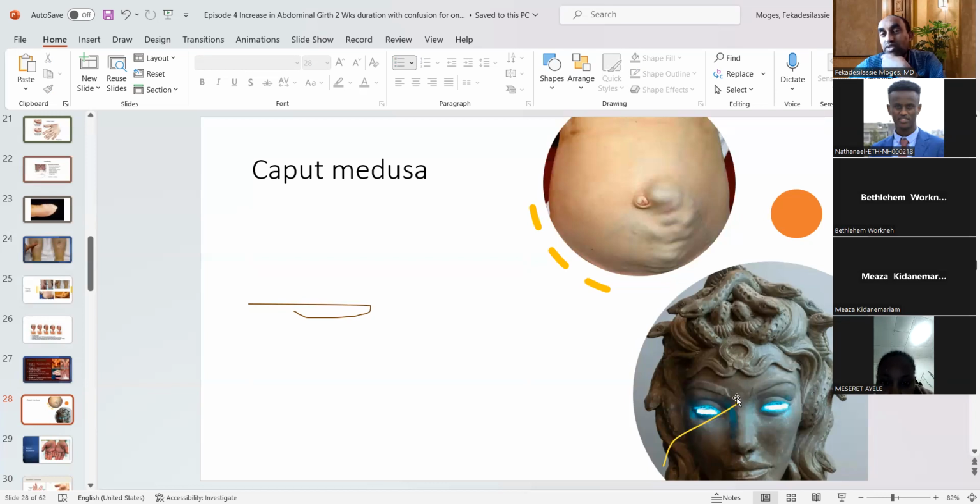Caput means head, okay? So you have to understand what the term means: caput medusae means the head of Medusa. It looks like the head of Medusa, because this is her head, right? You can also see distended veins even above the umbilicus, though it's more prominent below the umbilicus. As you see, it resembles the caput medusae, okay? Our patient had that one.